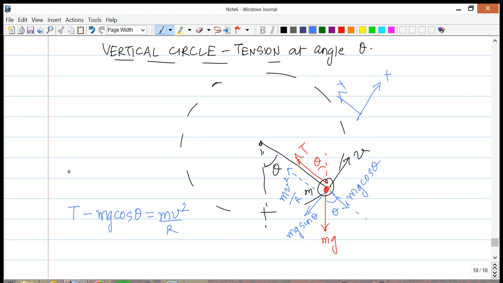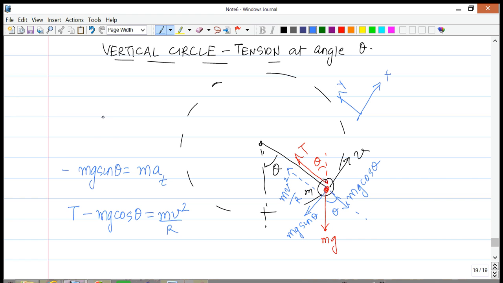The equation along the x-axis: mg sine theta is pointing along the negative x-axis as the object is going up. This tangential force, mg sine theta, is equal to m a sub t. So in this direction it's negative mg sine theta, simply because it's pointing along the negative x direction.